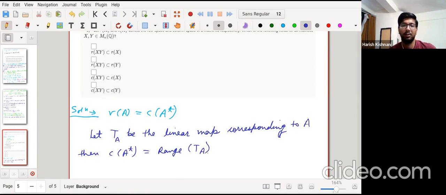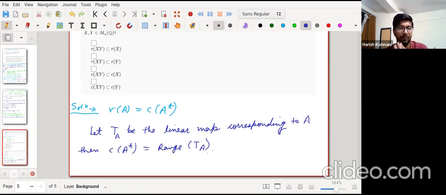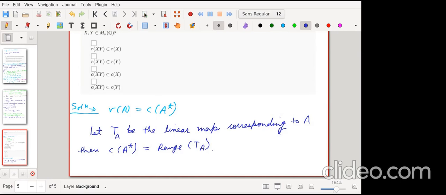You can check it. For small matrices, you can check and then realize that this is true.